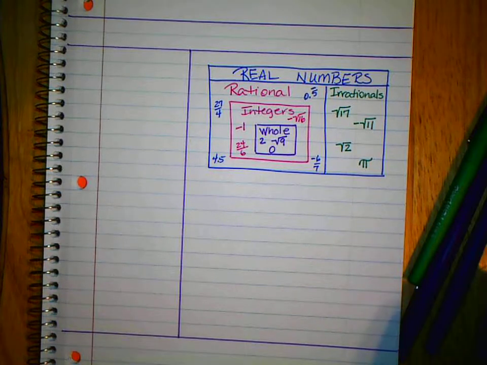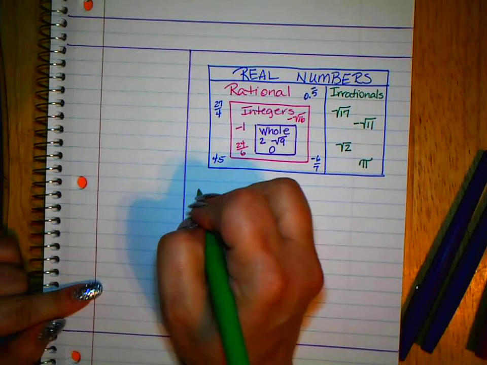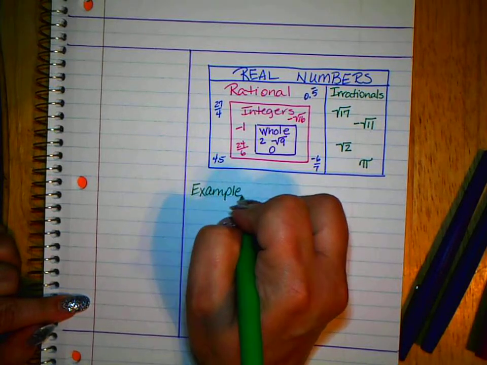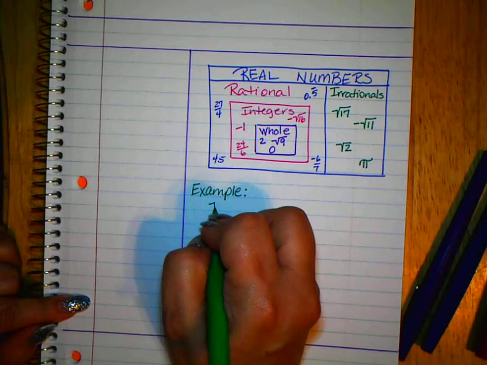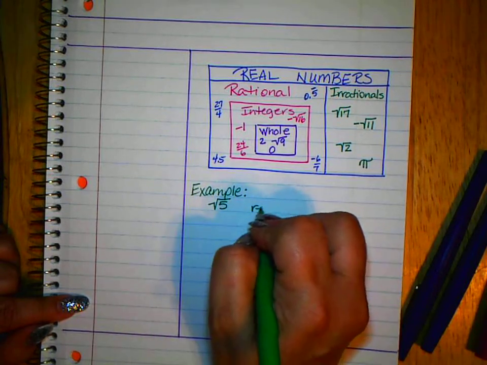Some questions will ask you to say, what sets of numbers does this number fall into? So let's do a couple of examples. Square root of 5, well, that is, of course, a real number.